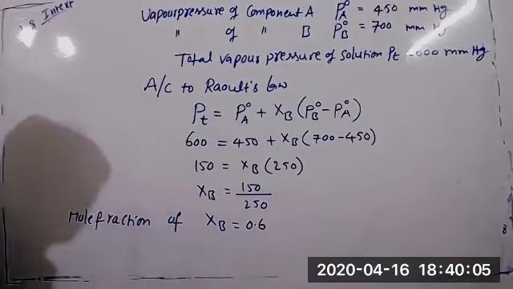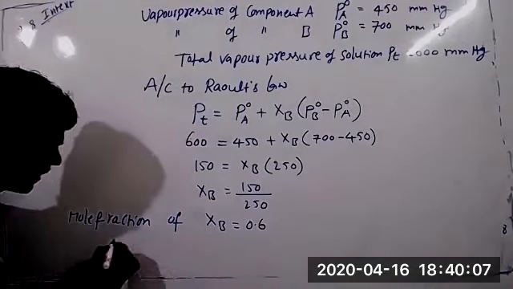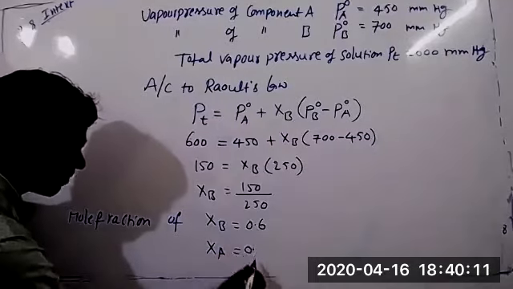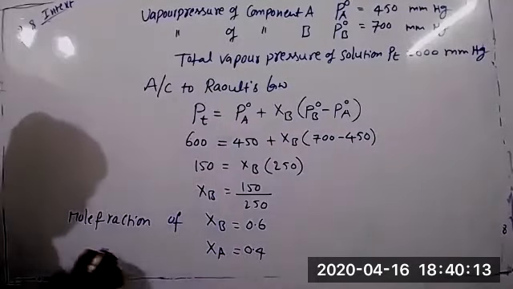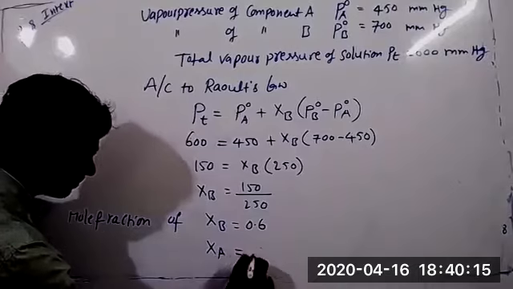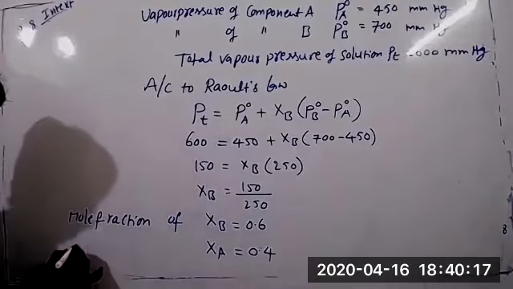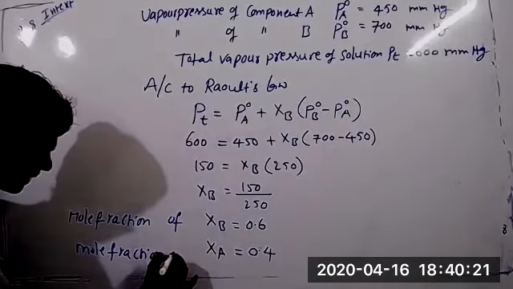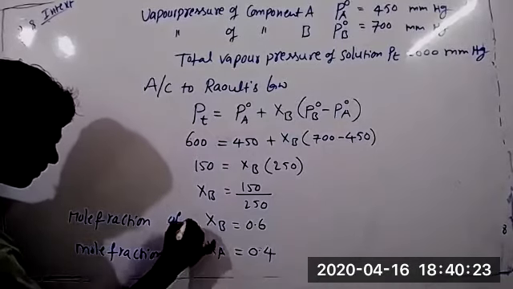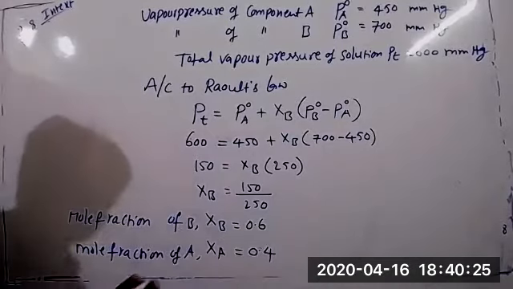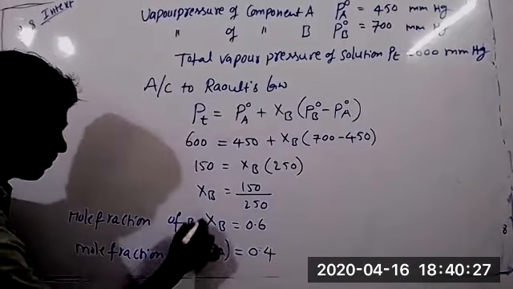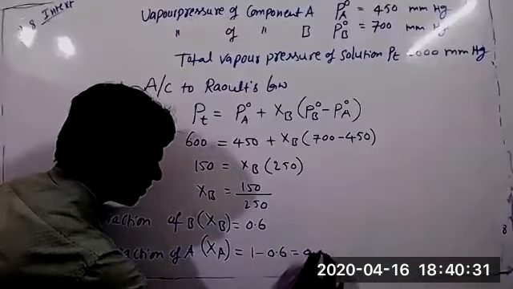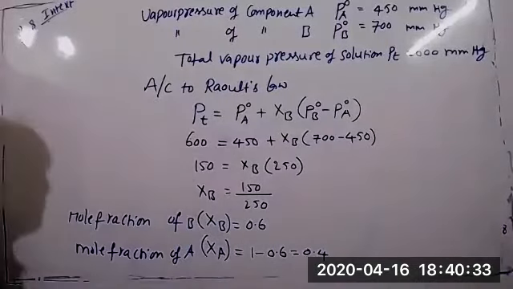Mole fraction of A, you know, since this is 0.6, it becomes 0.4. One minus 0.6 is equal to 0.4. Write this.